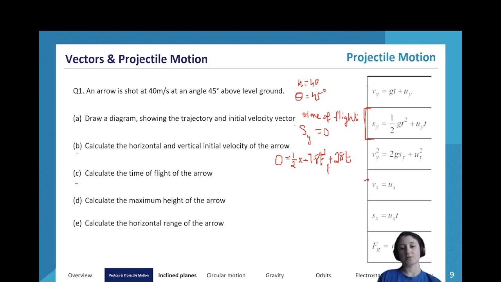Now, as you can see, we can solve the equation from here. If we take that 28 over to the other side, no, sorry, we don't even need to do that. What we'll do first is factorize out the t.